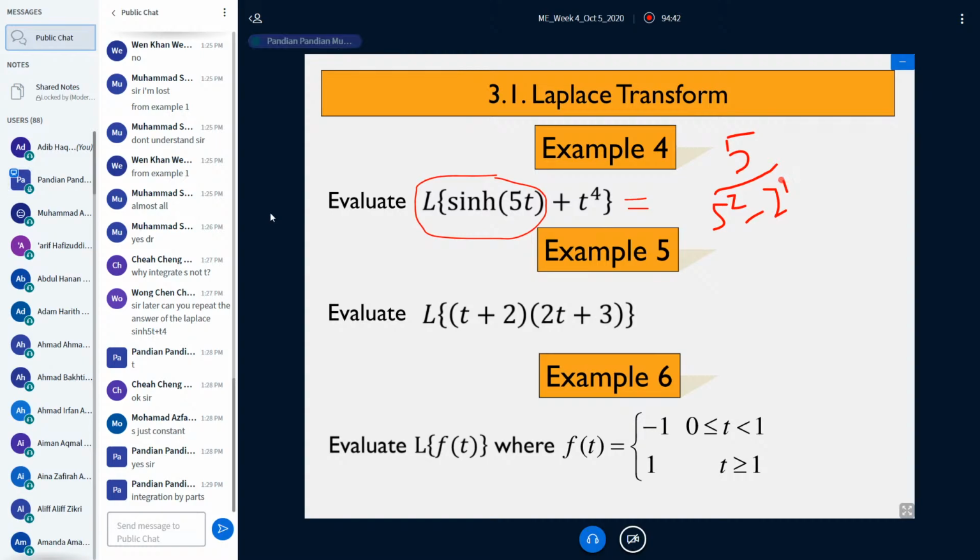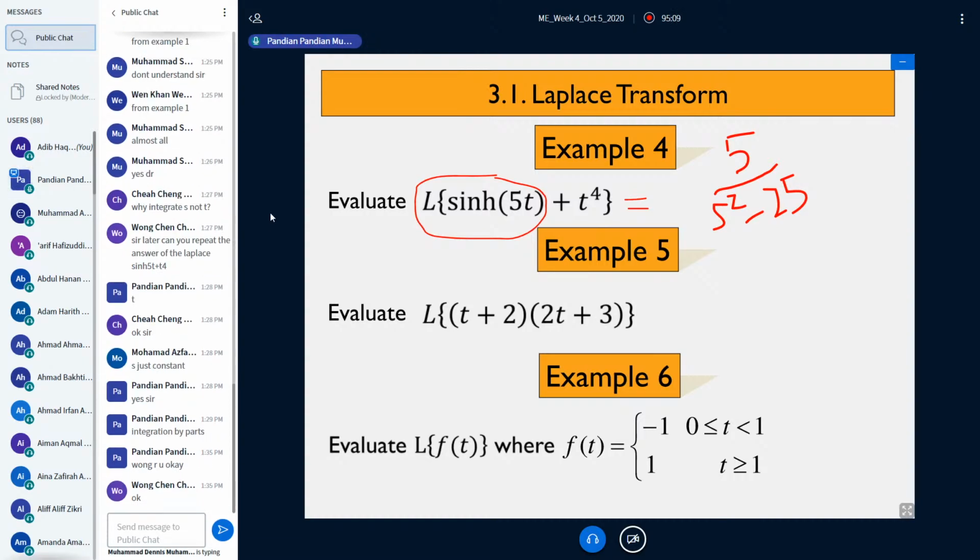Can you write this down? This is the answer for Laplace of sinh kt. Are you okay, Wang Chen? Okay, sir. Thank you. Yes, you write it down. I know earlier you were very panicky.